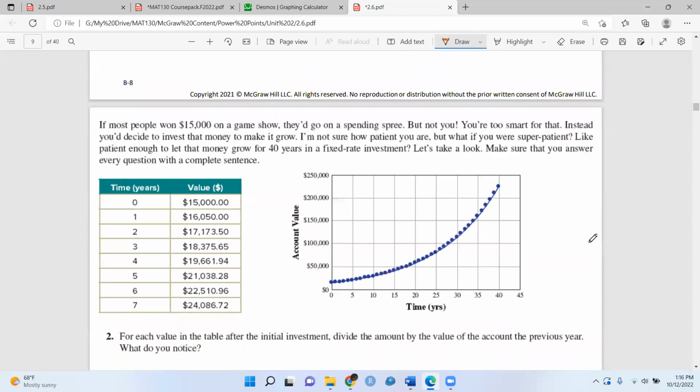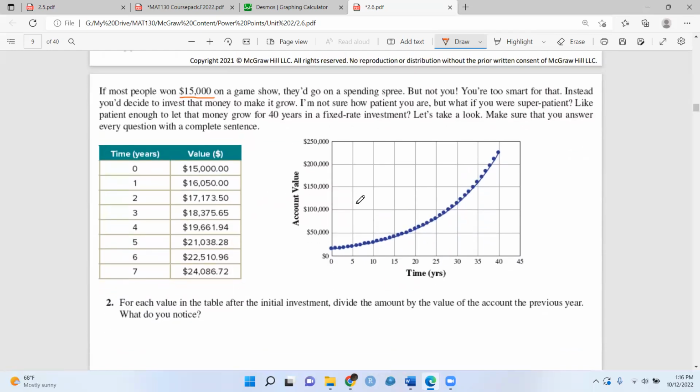Okay, so here we're looking at a table. We've got a $15,000 winning from a game show, let's say after taxes, and you've decided to deposit it into an account.